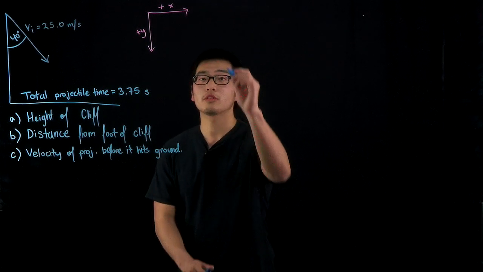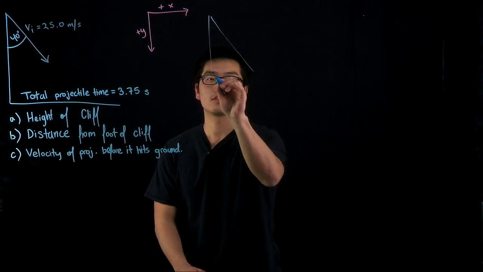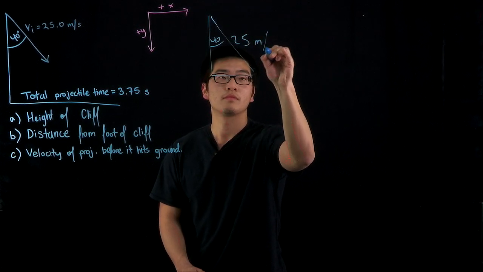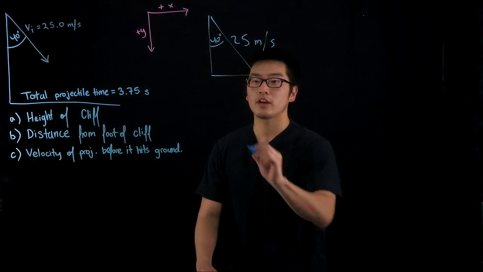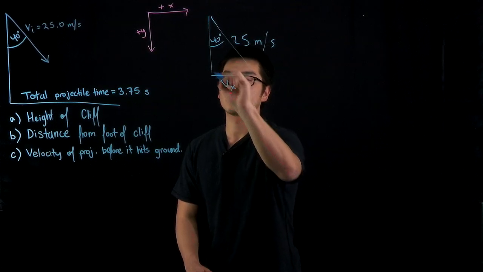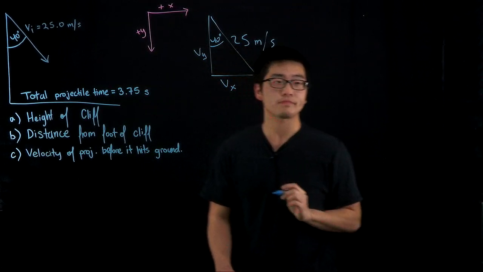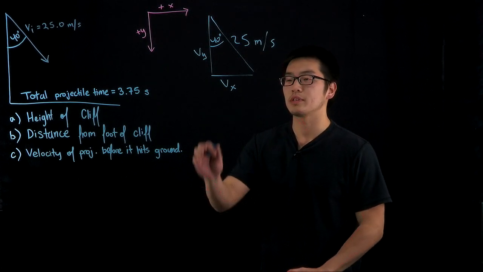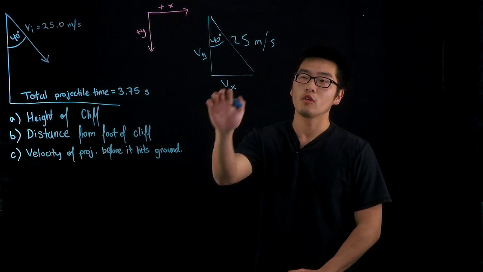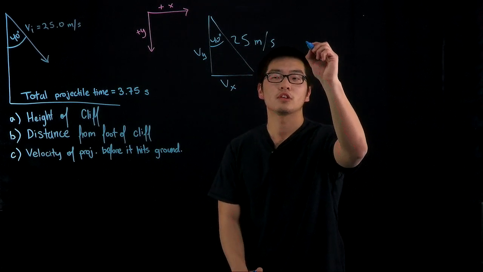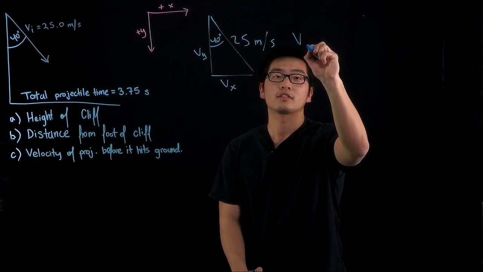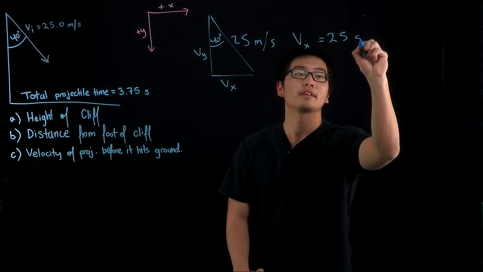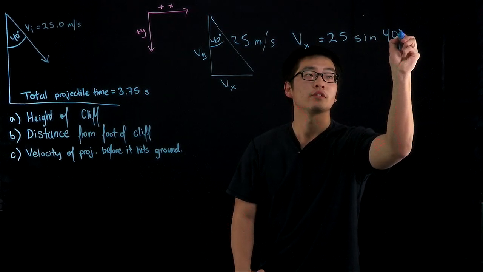So using trigonometry, I could isolate this triangle to calculate both the Vx and the Vy component. Trigonometry for sine states that it will be opposite over hypotenuse. So therefore, Vx can be calculated with 25 multiplied by sine of 40 degrees.